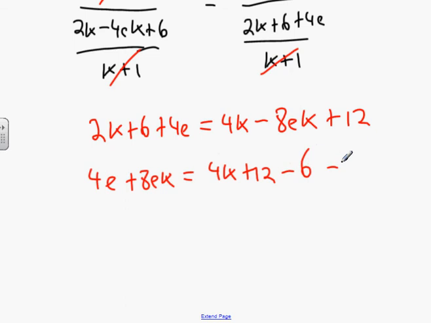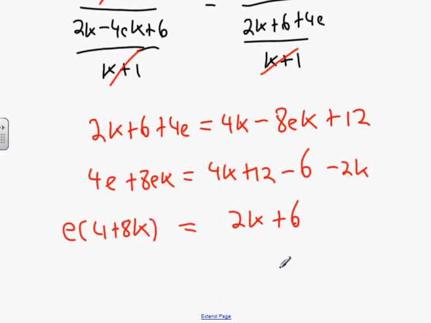And now we have this as 2k plus 6. Factorize out the e: e into (4 + 8k). I think we could divide by 2 on both sides, could we? Divide by 2 on both sides. Reduce it down. Oh, wait for a second.